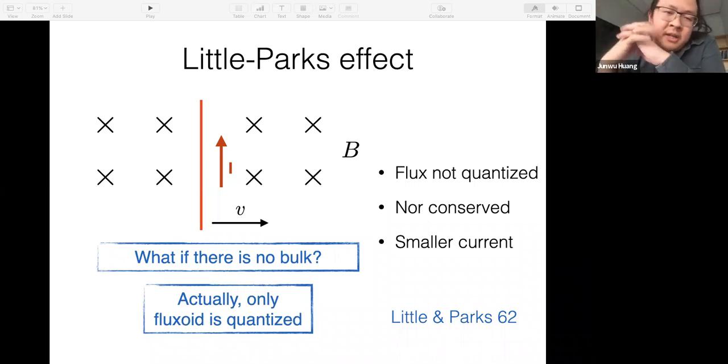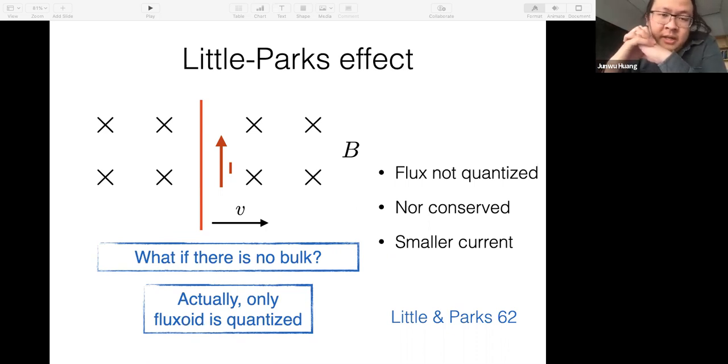Now you cannot talk about the bulk of the superconductor anymore. As a result, flux is not necessarily quantized, and it is also not necessarily conserved. Only the fluxoid, which is the terminology used, is quantized, and magnetic flux can actually go through this very thin superconductor.